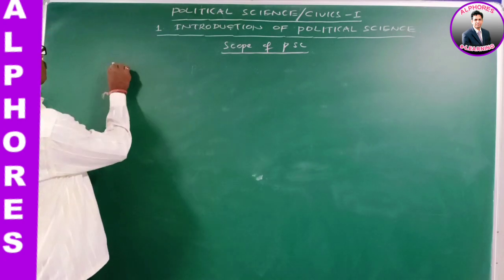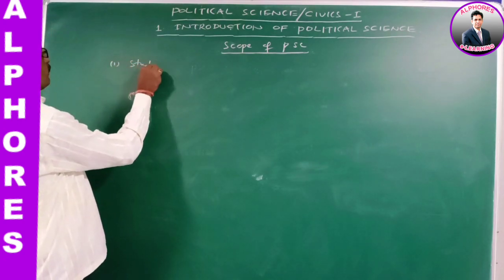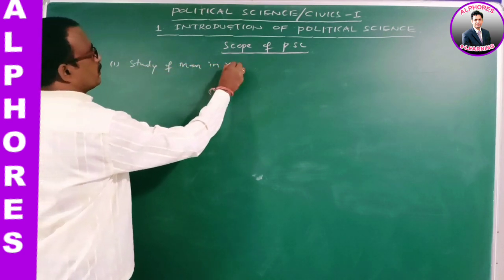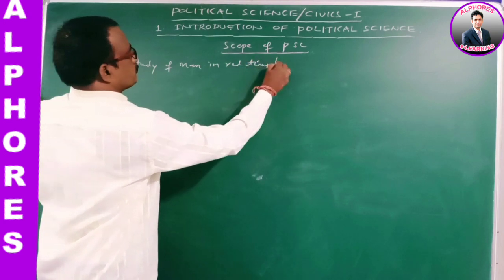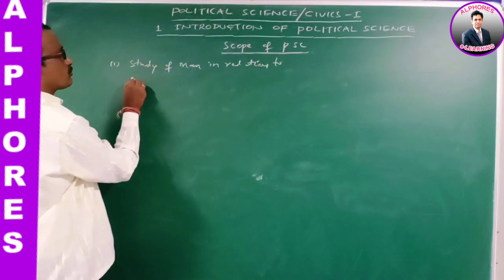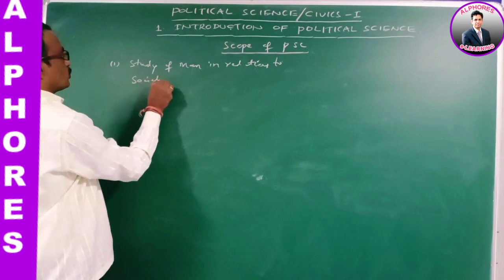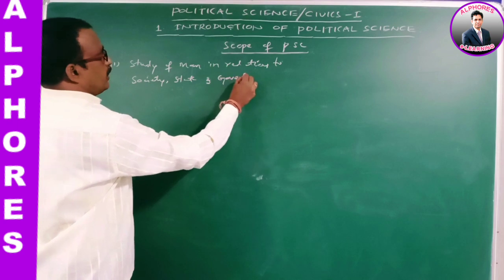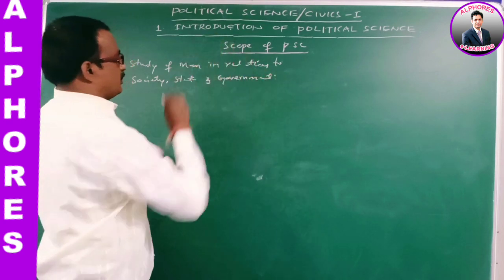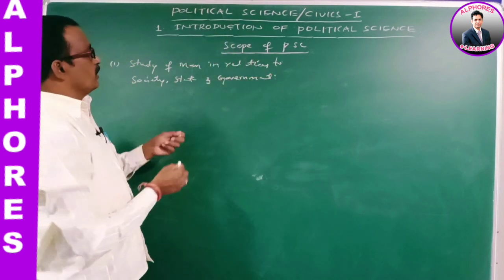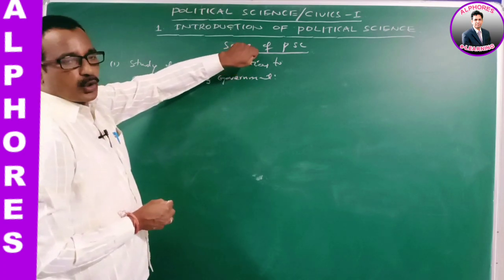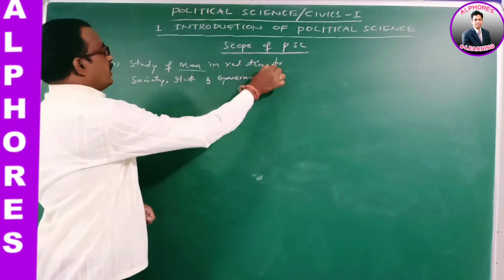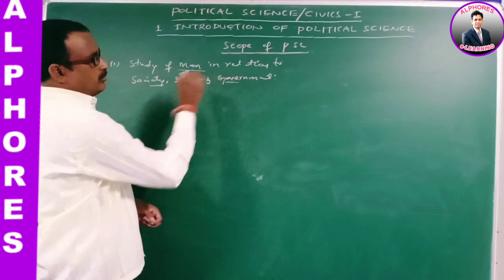First of all, study of man in relation to society, state and government. Here, the scope of political science includes the study of man in relation to society, state and government.